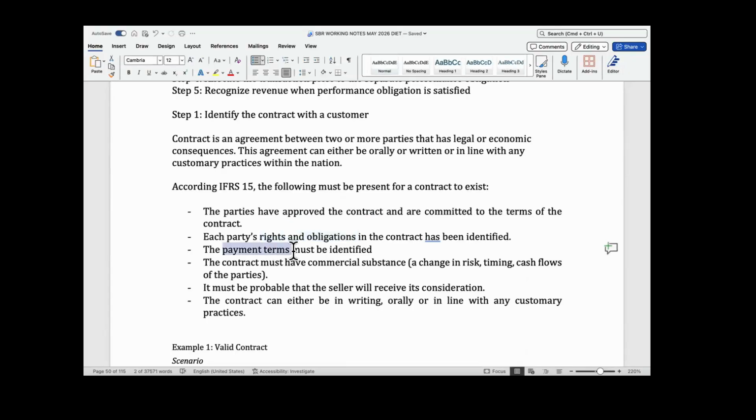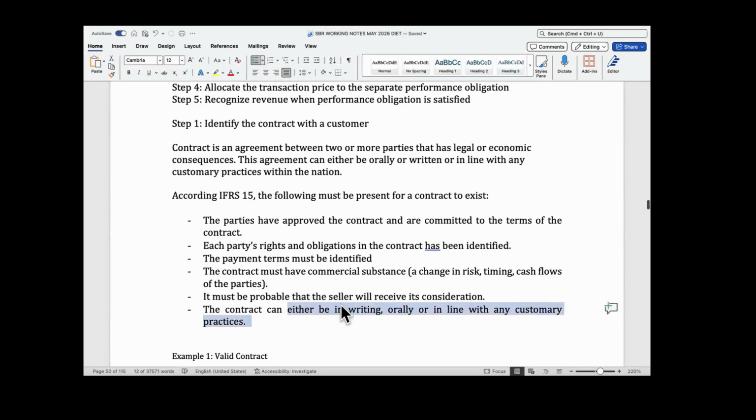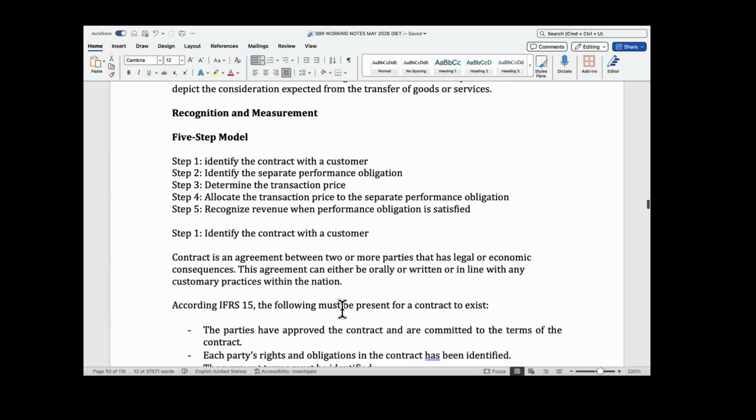Payment terms should be identified. The contract must have commercial substance. It must be probable that the seller will receive its consideration, and the contract can either be in writing, oral, or in line with any other customary practice. Furthermore, on step 1, we talked about contract modification and also contract combination. I explained all that to you.